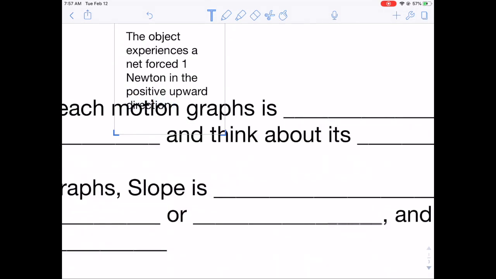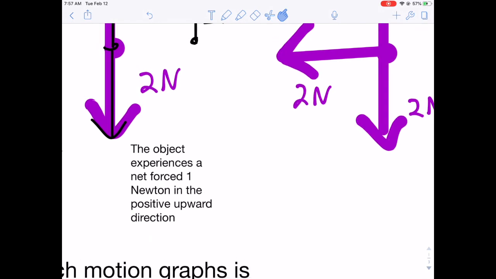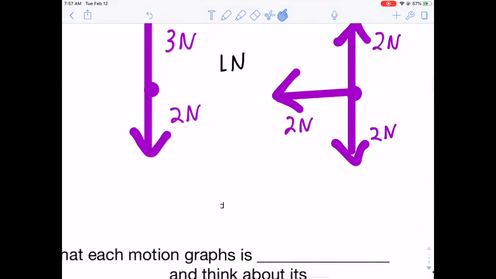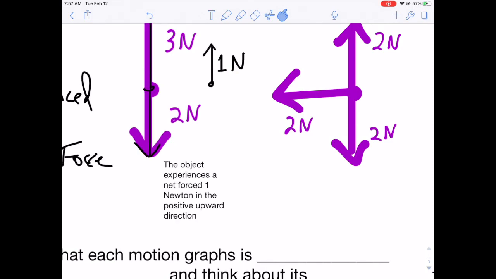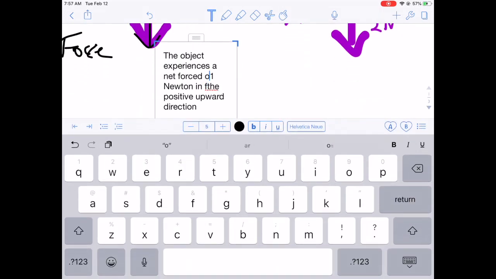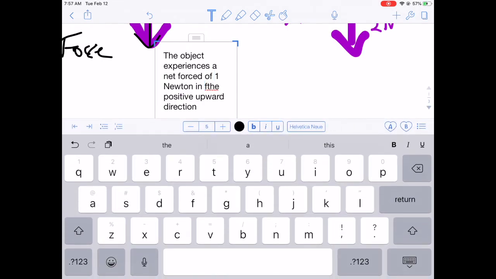Super specific. I love being specific in physics. It makes things super clear. Okay, let's look at this example right here. So yeah, the object experiences a net force of, maybe I'm not so clear, let me get there, of 1 newton in the upward direction, in the positive upward direction. That's perfect.